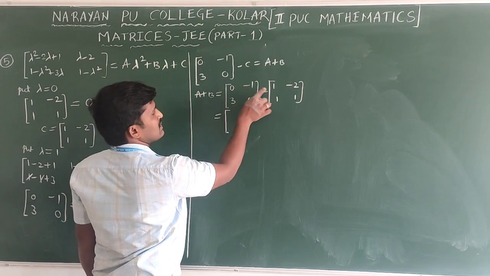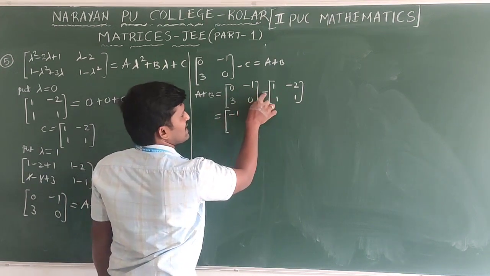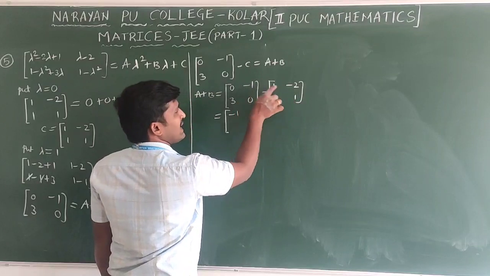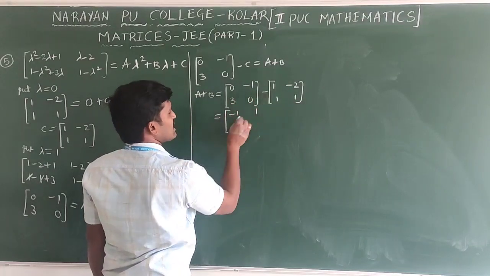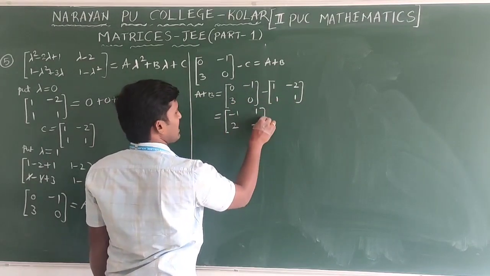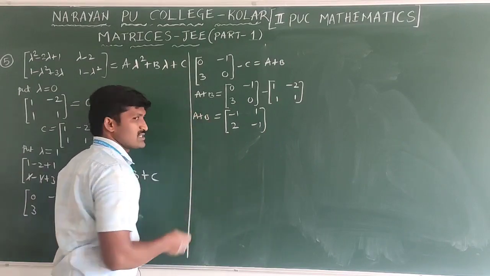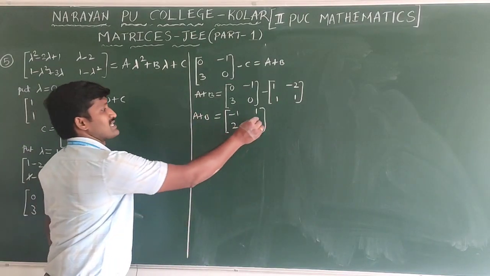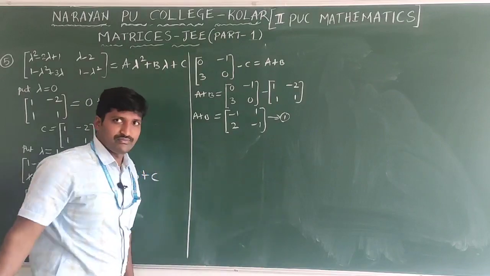Simplify, what you will get? 0 minus 1 is minus 1; minus 1 minus of minus is plus, minus 1 plus 2 is 1; 3 minus 1, 2; 0 minus 1 is minus 1. This is A plus B, considered as equation number 1.